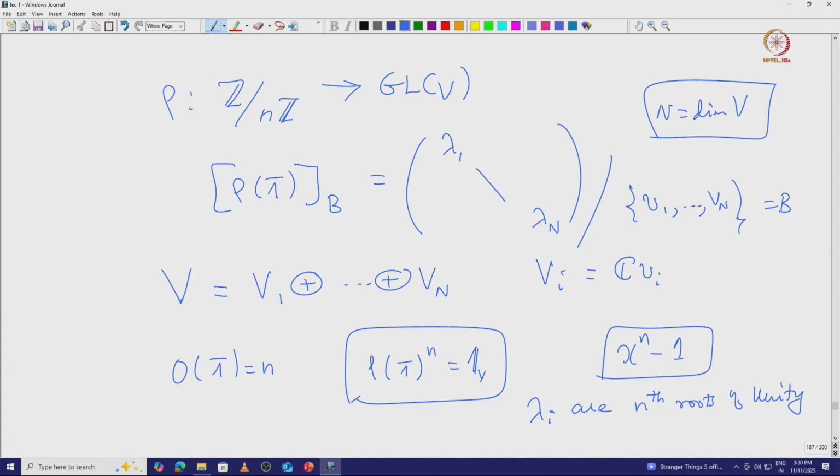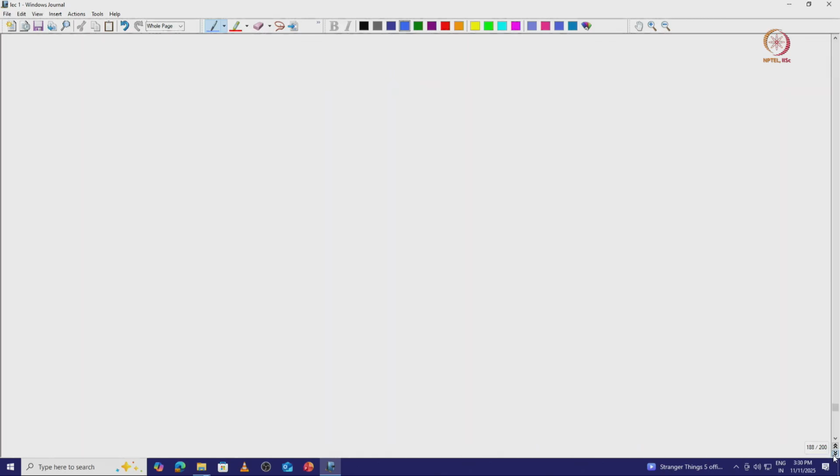So, in particular if we go back to the representation that we constructed earlier, this rho_k, if we recall, is a one dimensional representation of Z modulo nZ, which is given by sending 1 bar to e^(2 pi i k/n).